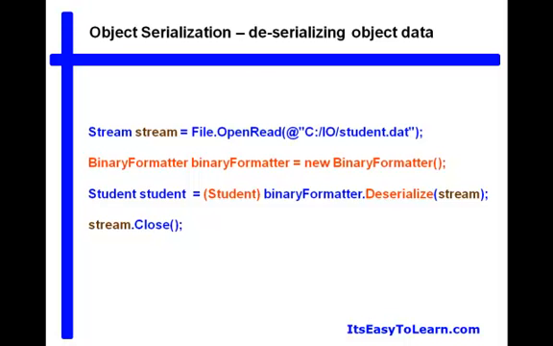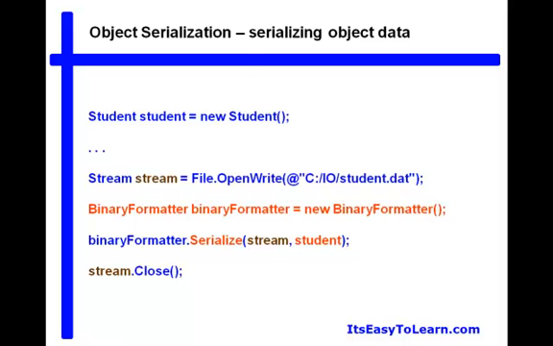When you want to read the data back, we open the stream for reading using the openRead method. Remember, in the previous example, the data is stored to a file called student.dat using the serialize method of the binary formatter.